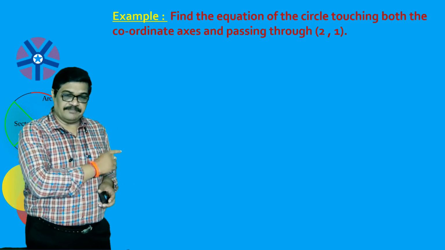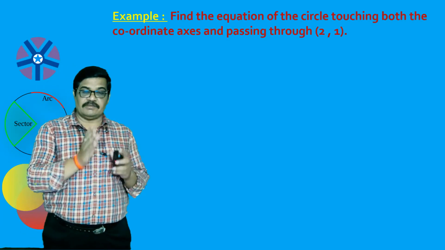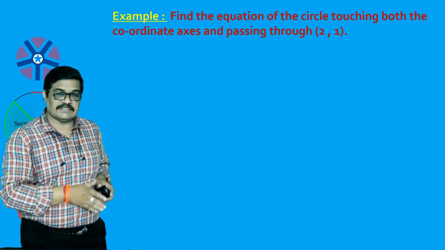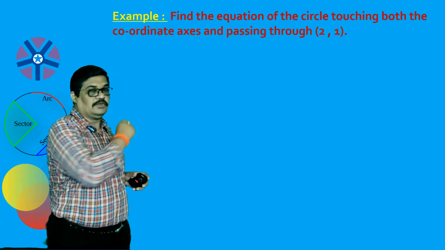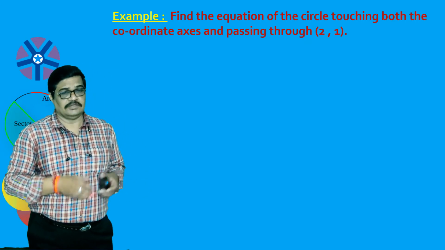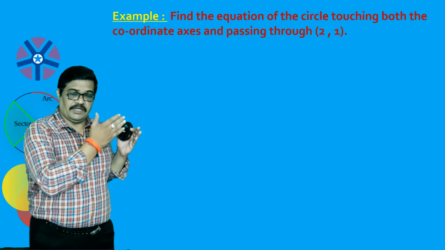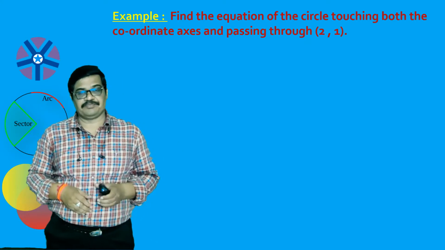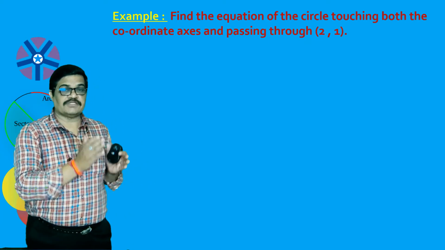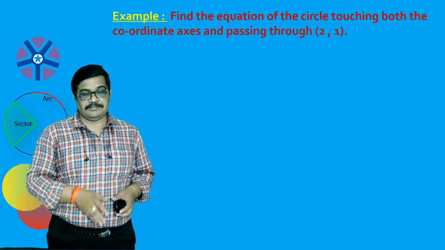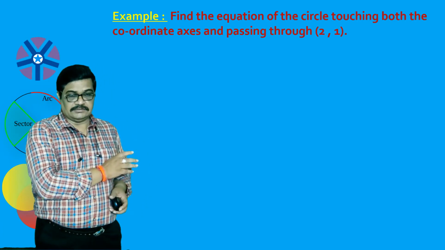Problem: find the equation of the circle touching both the coordinate axes and passing through the point (2, 1). How to solve? Here the required circle touches both the coordinate axes and passes through the point (2, 1).